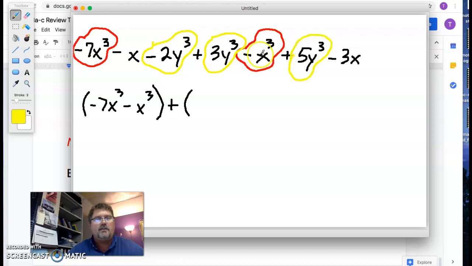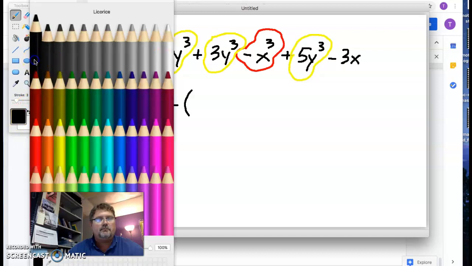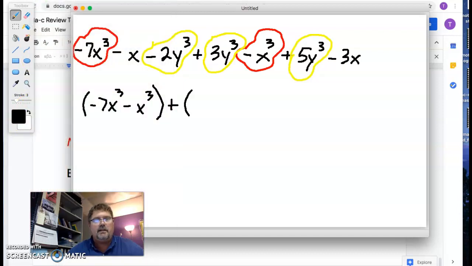All right, so we need to add those up. And that gives us negative 2y cubed plus 3y cubed plus 5y cubed.